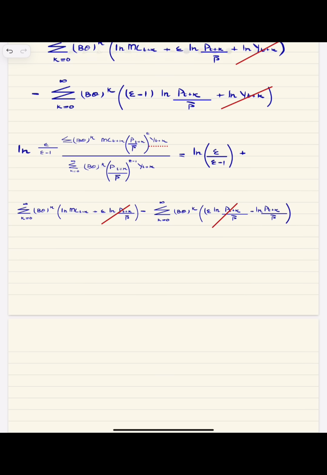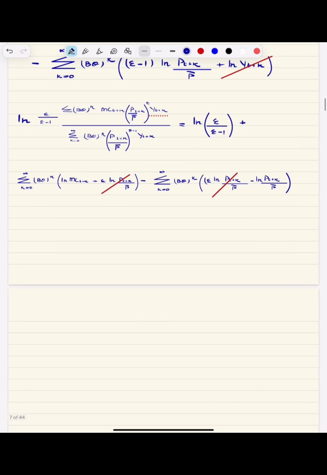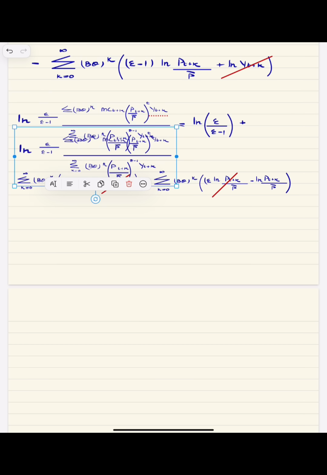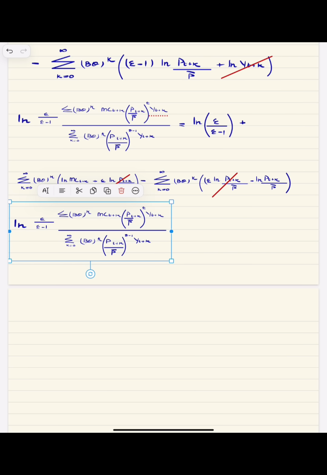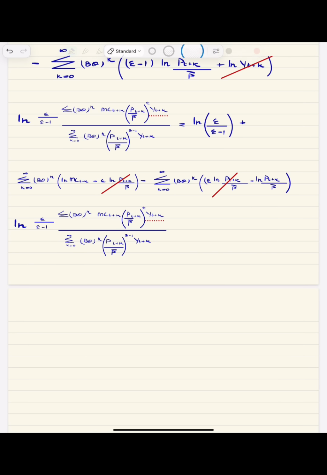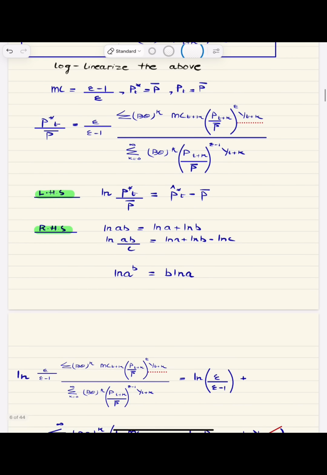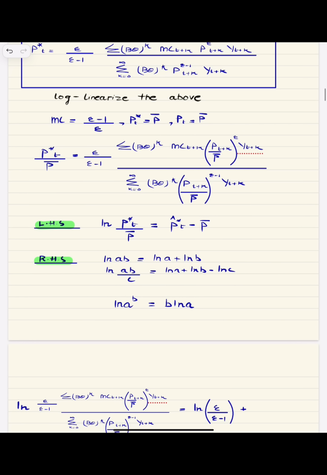Yeah, okay, moving on. So this expression becomes... actually, why am I doing this? I know that the right hand side and left hand side are equal to each other.